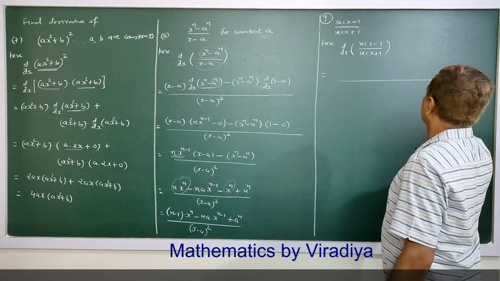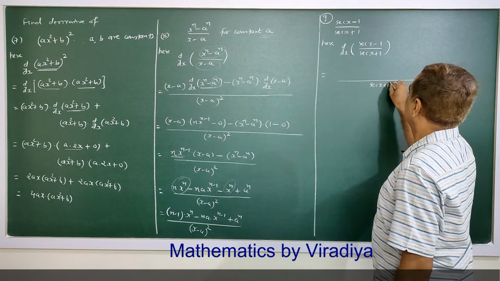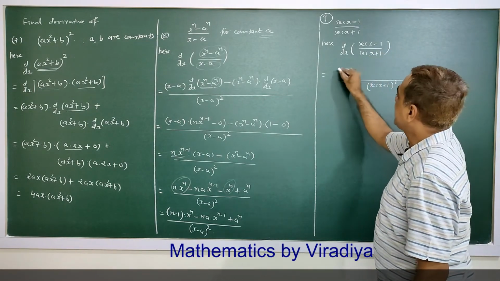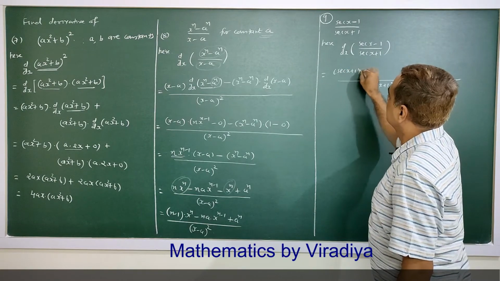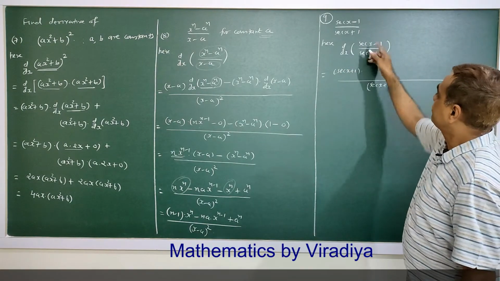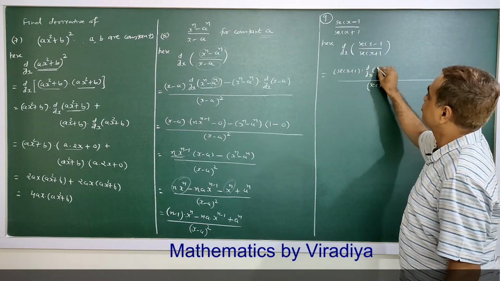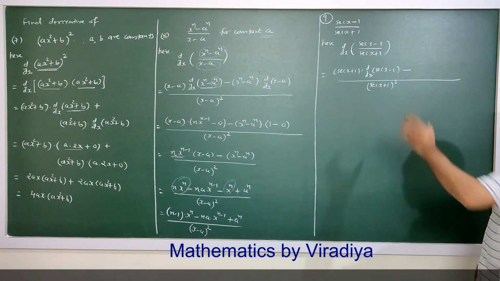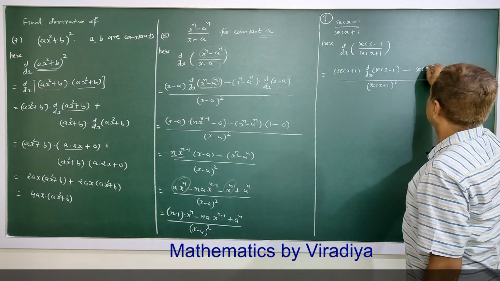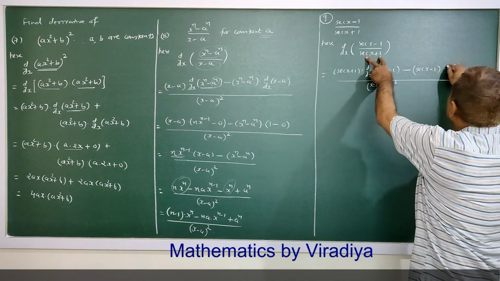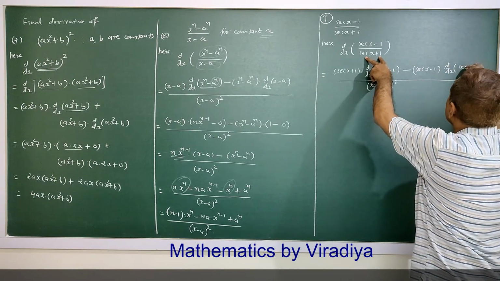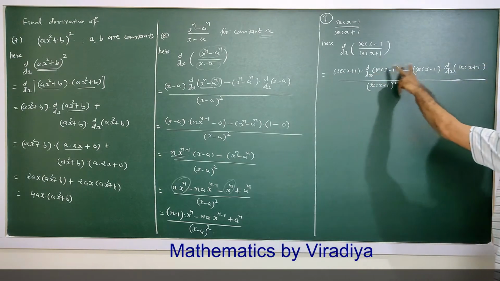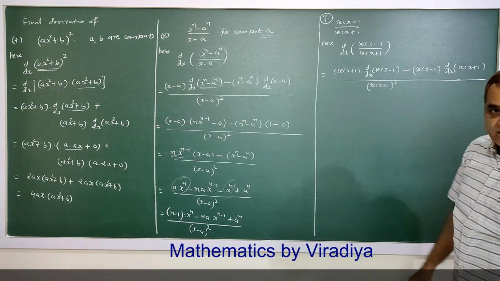So derivative of u by v is, put here v square, then v as it is, derivative of u, then minus u as it is, derivative of v.